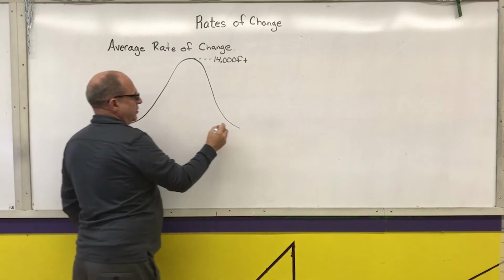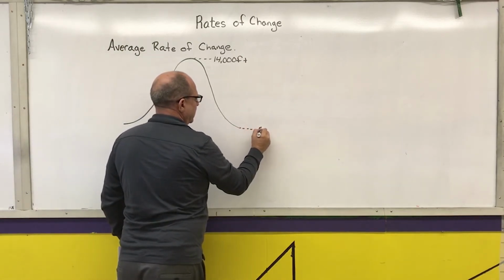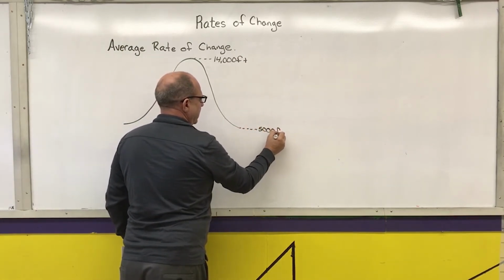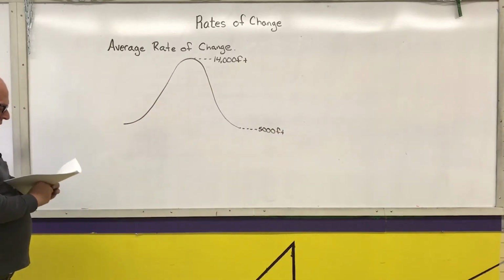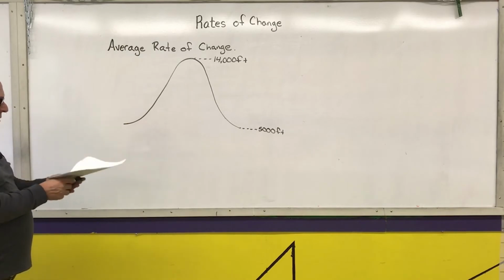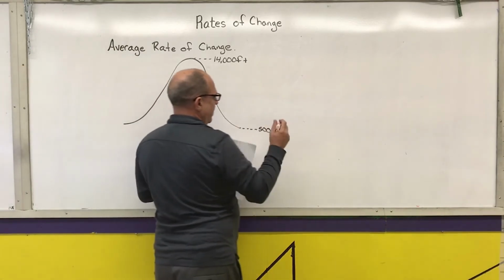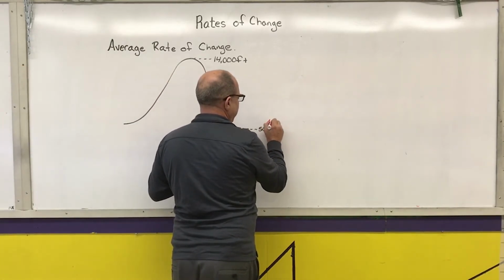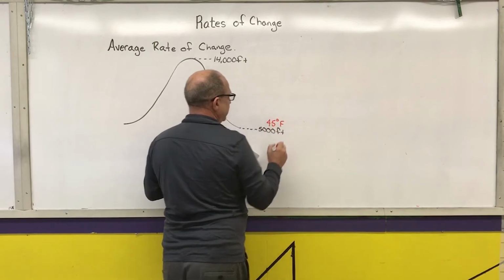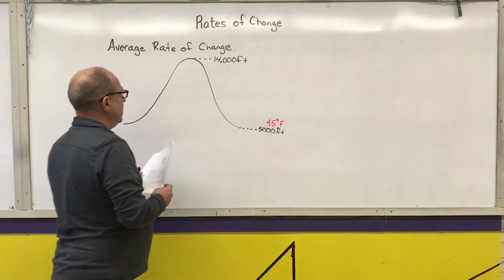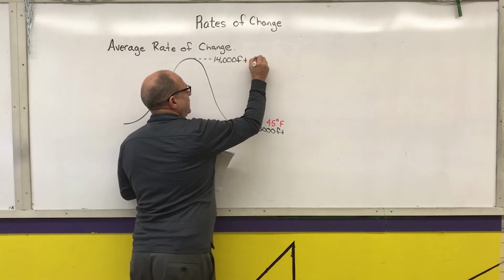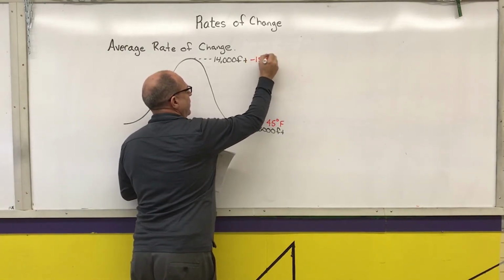The base of the mountain is about 5,000 feet above sea level. When you started your climb at the base of the mountain, it was 45 degrees Fahrenheit. And when you got to the top of the mountain, the temperature was -15 degrees Fahrenheit.